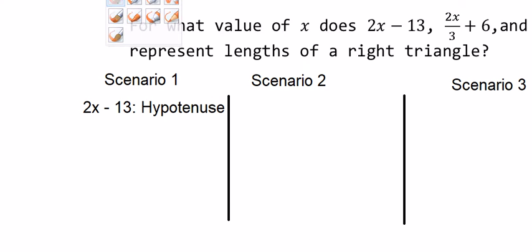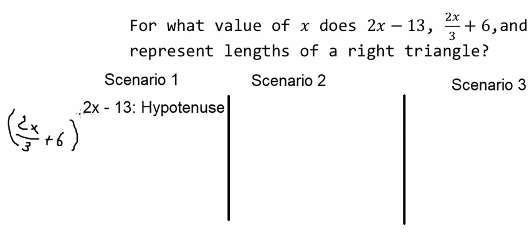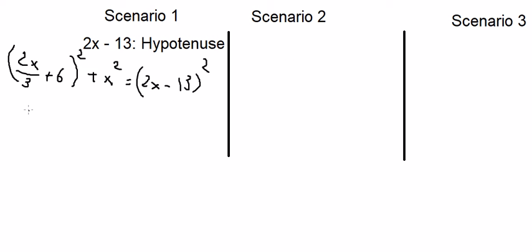So we get 2x over 3 plus 6 to the power of 2, and we have x squared, equal to 2x minus 13 squared. So we just expand the numbers here.